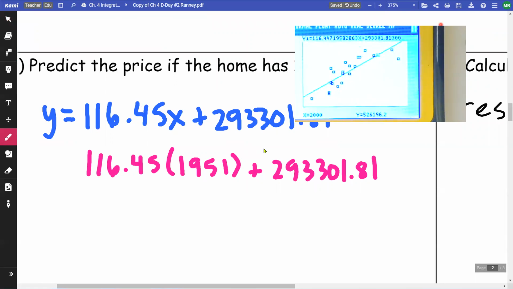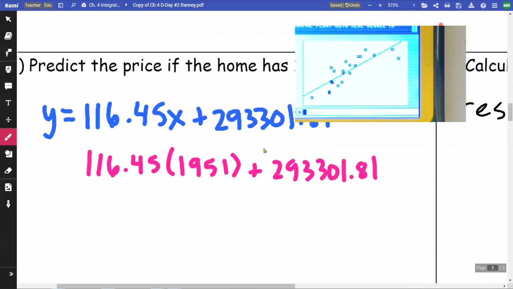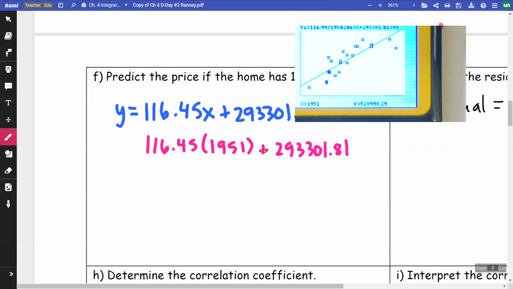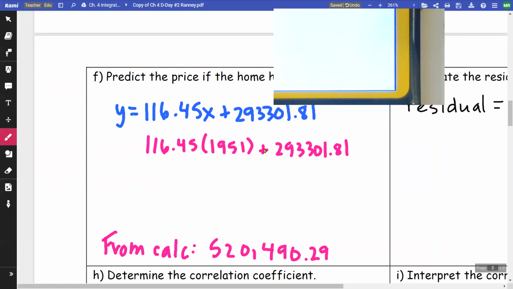I can actually also do it here: second, trace, value, and put in 1951. And from my graphing on the calculator, I end up getting 520,490.29.